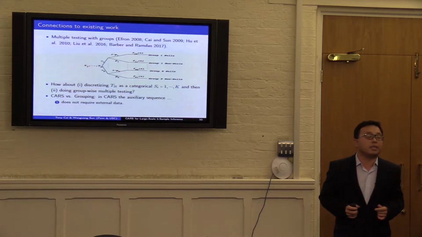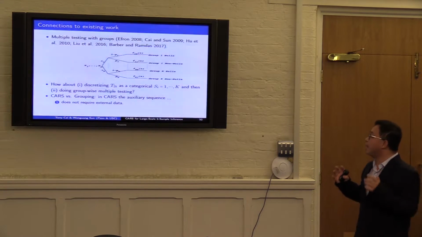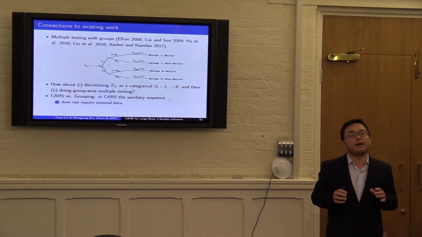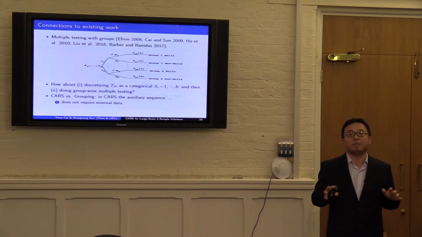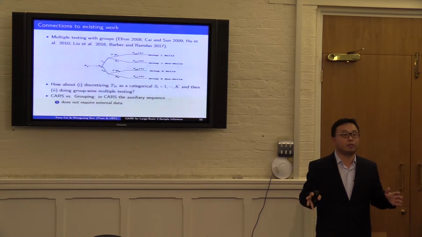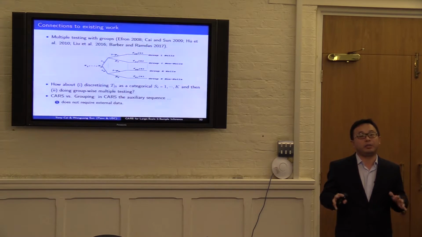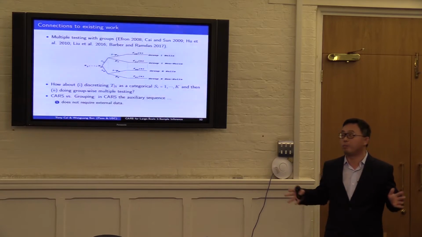The first advantage of the CARS procedure is that it does not require external data. This is information that is obtained for free. So the auxiliary sequence is constructed based on the same data set that we have. And the efficiency gain is due to the fact that we were able to recover some information that is discarded by conventional practice.